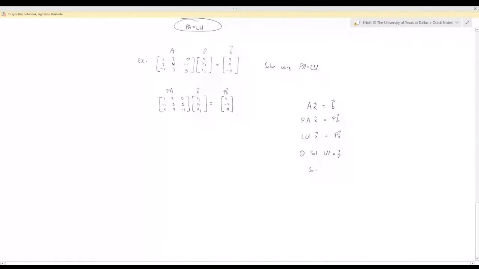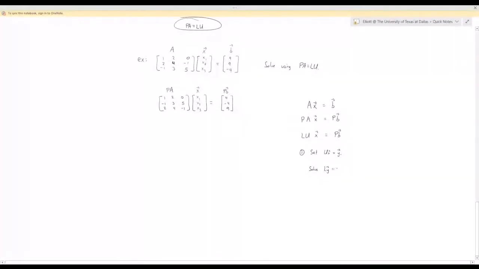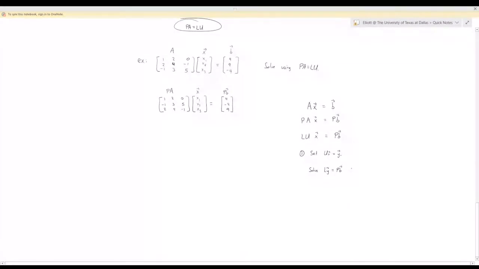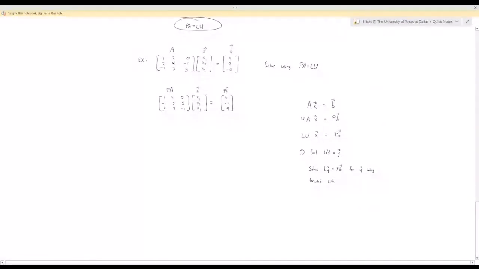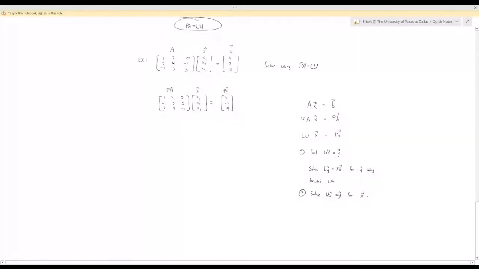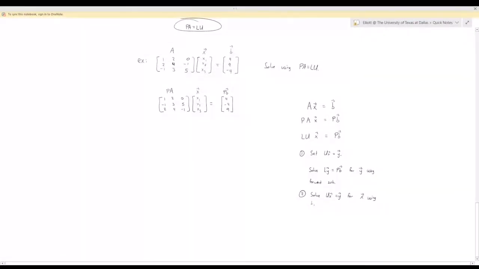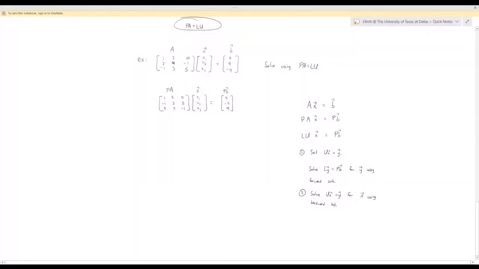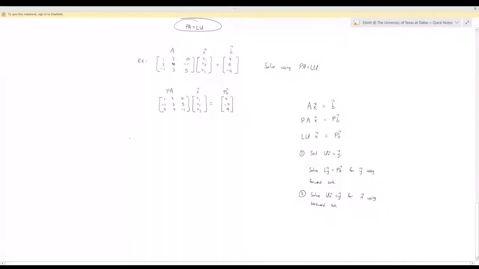I'm going to solve this equation for Y using forward substitution. And after solving for Y, you're going to come back to UX equals Y, and you're going to solve that equation for X using backward substitution. So let's see how that's going to work.